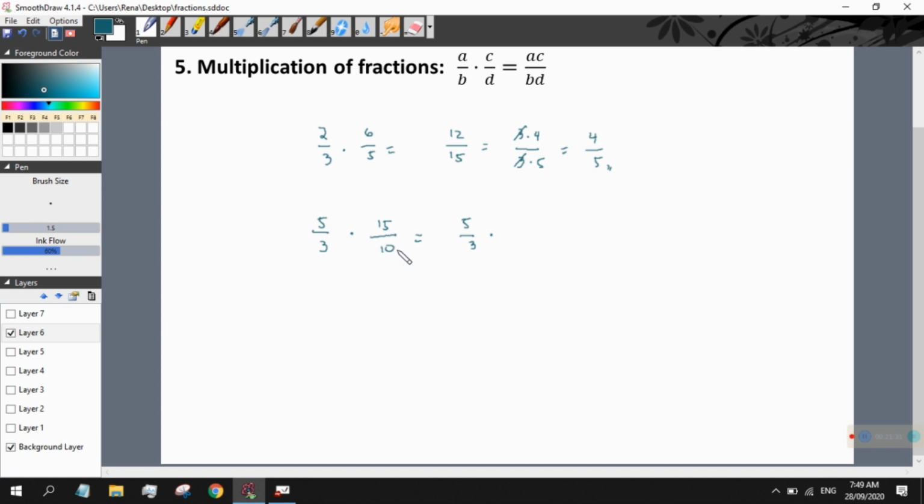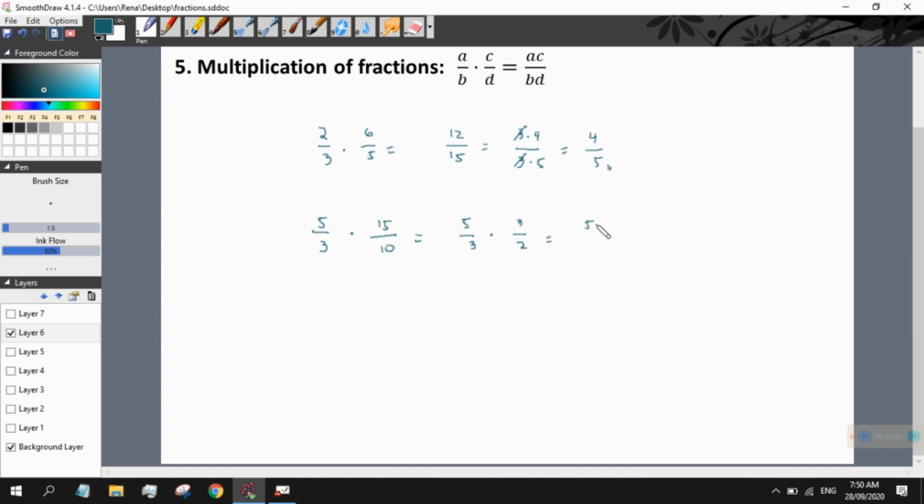For example, 15 over 10, there are common factors between 15 and 10, which is 5. So, you can write it as 3 over 2. It will be simpler when you perform multiplication.